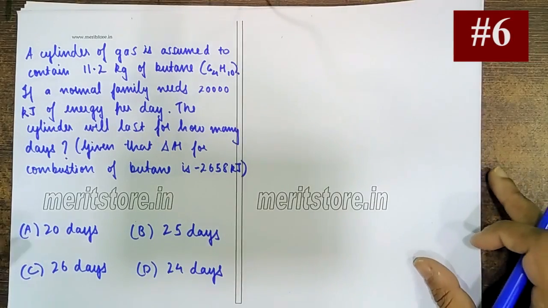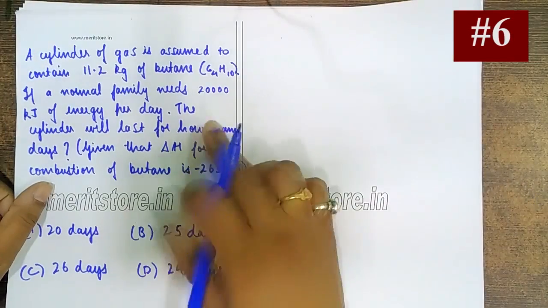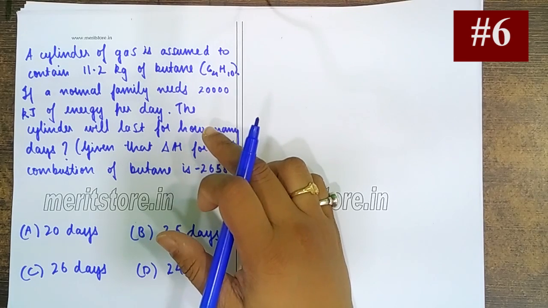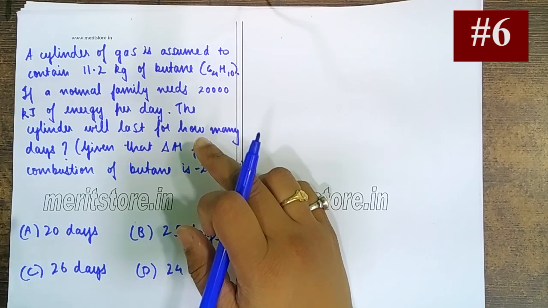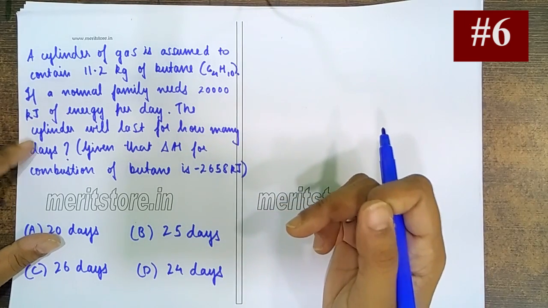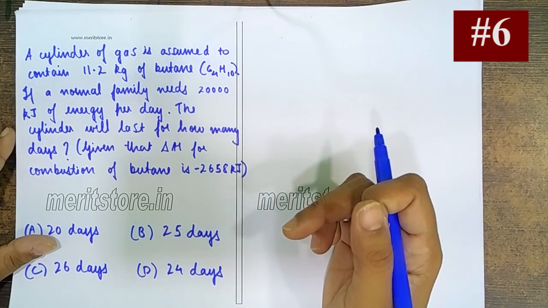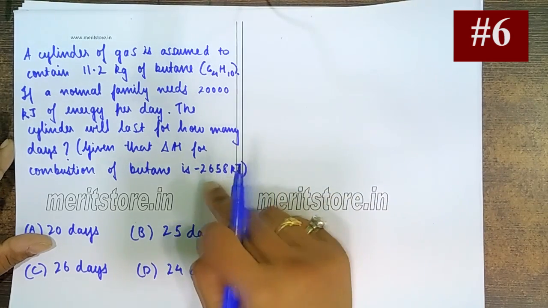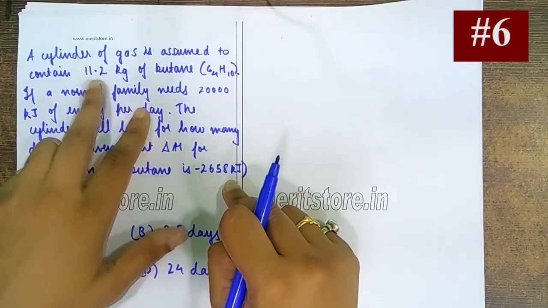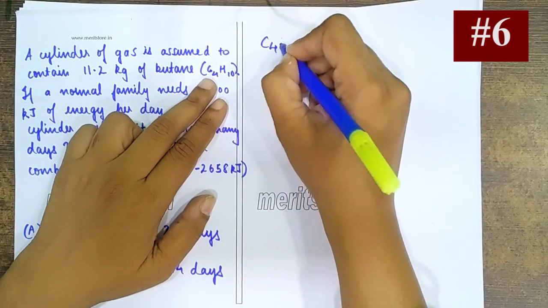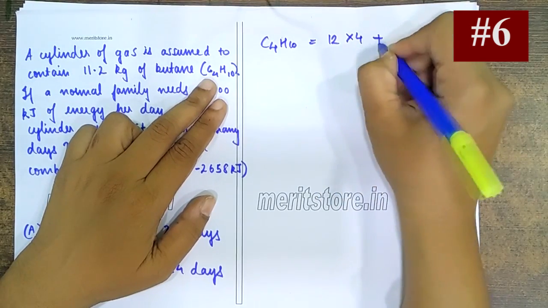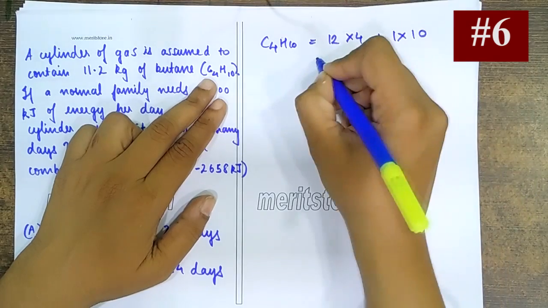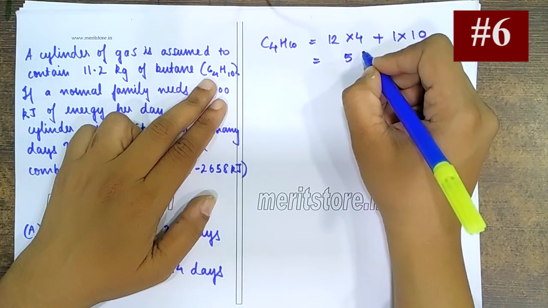A cylinder of gas is assumed to contain 11.2 kg of butane. If a normal family needs 20,000 kilojoule of energy per day, how many days will the cylinder last? Given that the delta H of combustion for butane is 2658. For butane, that is C4H10, there are 12 into 4 plus 1 into 10, which will be around 58.